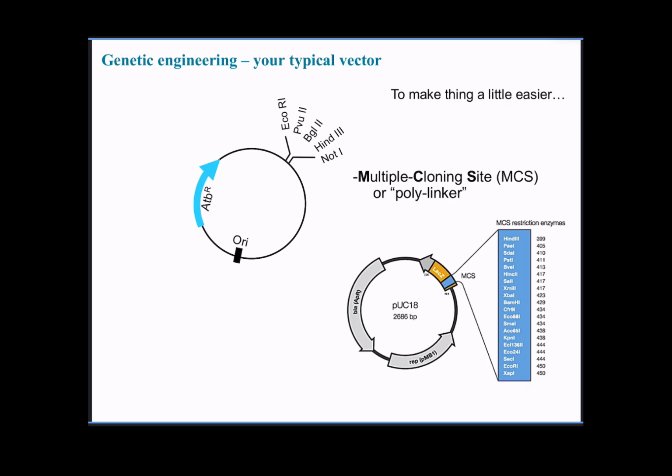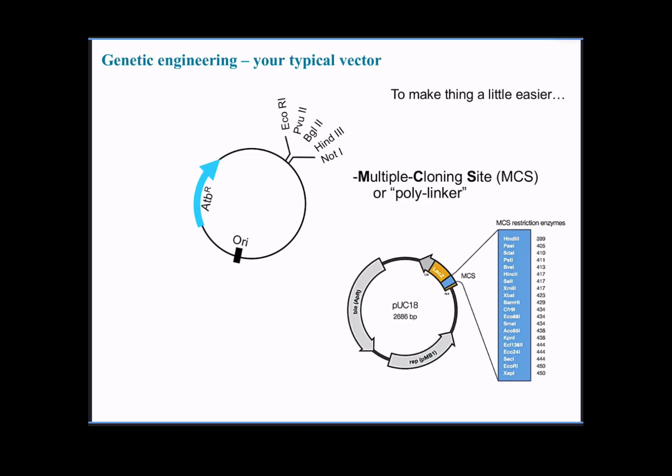Right? So we can't really do much, and we'll revisit this in a second, but we can't really do much about what enzymes we can use to get inserts of interest out of their natural sources, because that has been established by evolution, right? We can't really decide what restriction enzyme sites should flank an insert of interest in its original source.